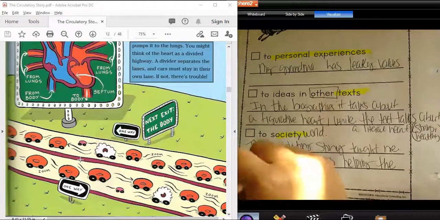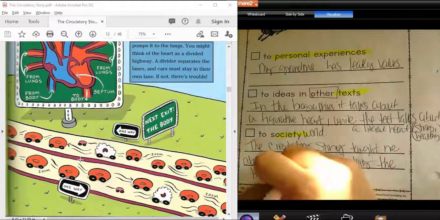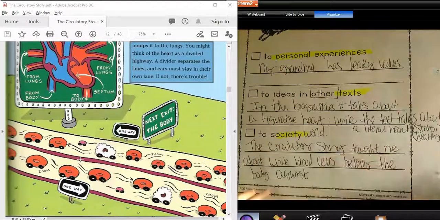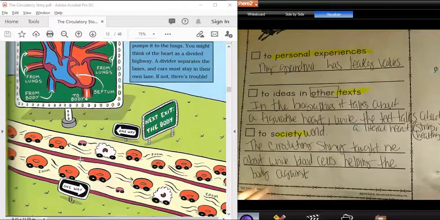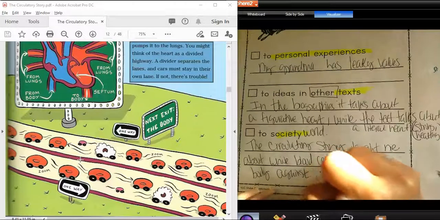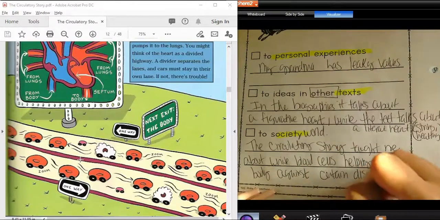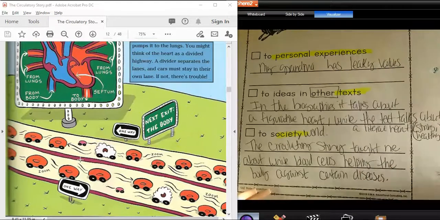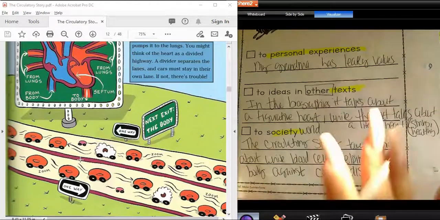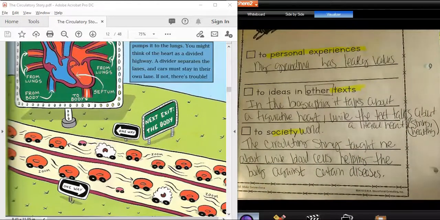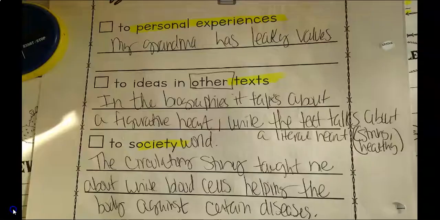Helping the body against, what does it help against? Against certain diseases, right? And now we know the reason why we get a scab. So I'm going to go ahead and pause here. And I'm going to give you 1 minute to copy this.